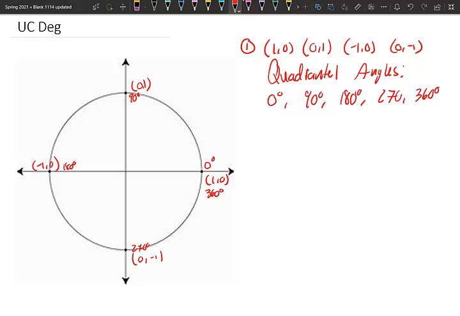Okay, just like we do with radians, we're going to split each quadrant into half. So that's our second step.